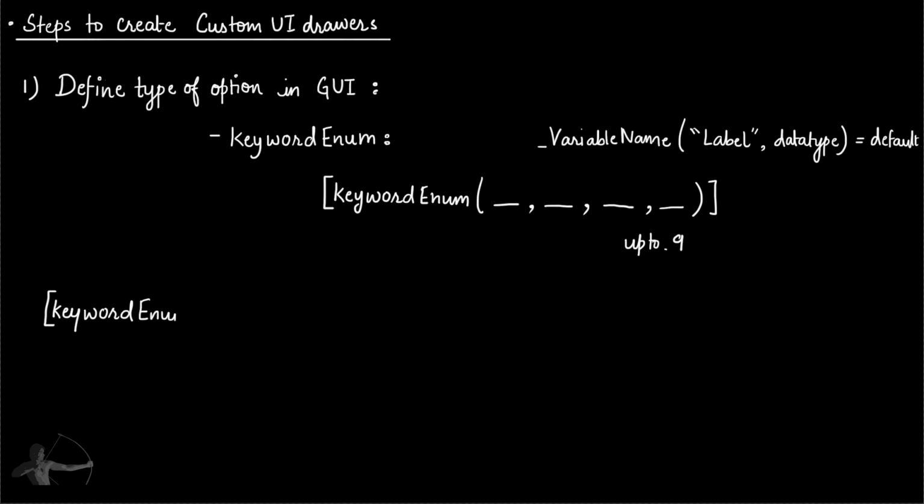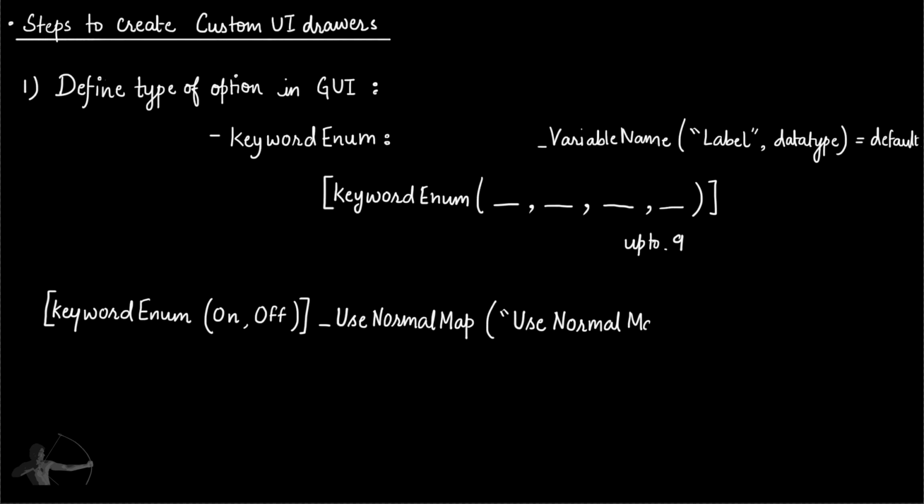It's one single keyword, and then we will define On, then Off, then closing square bracket, and then we will define use normal map. We will label it with the same wording, and then it will be a float type variable, and its default value will be 0. So that is how we will define our property to use it.